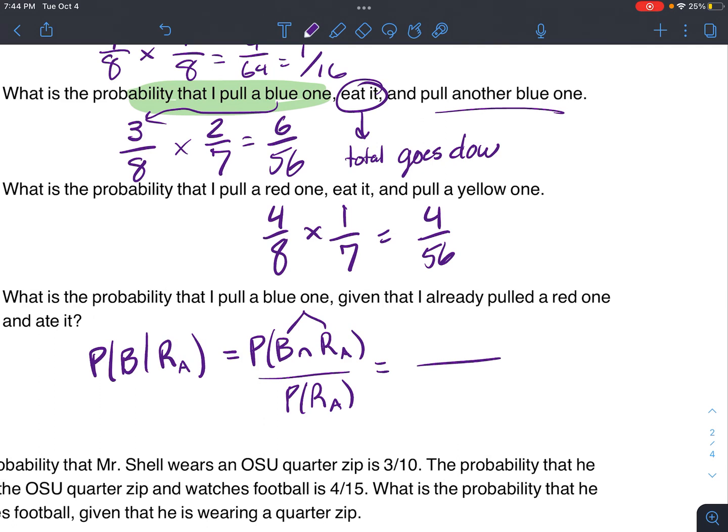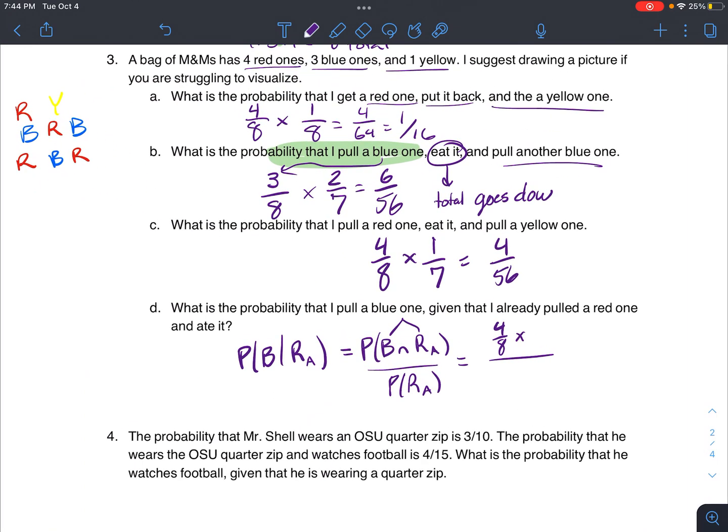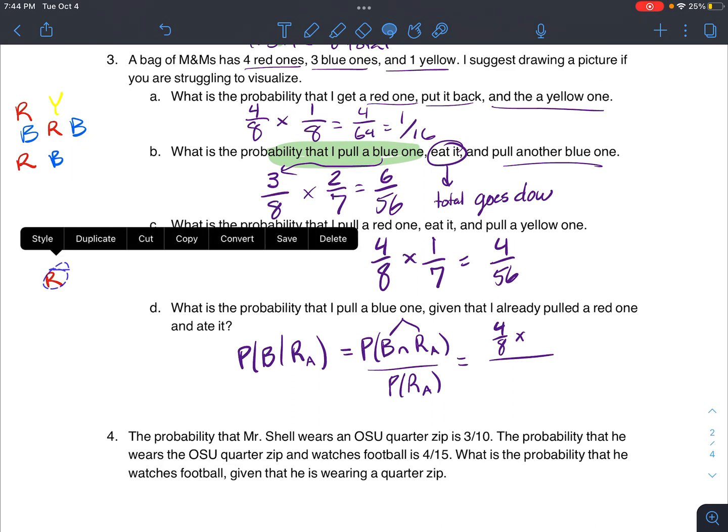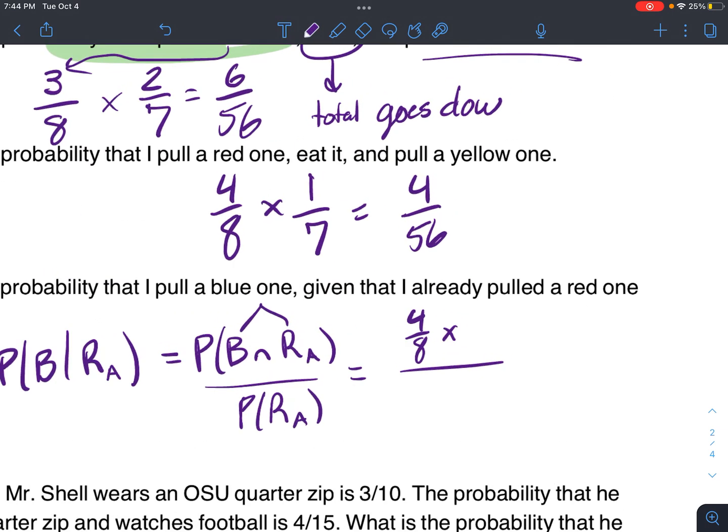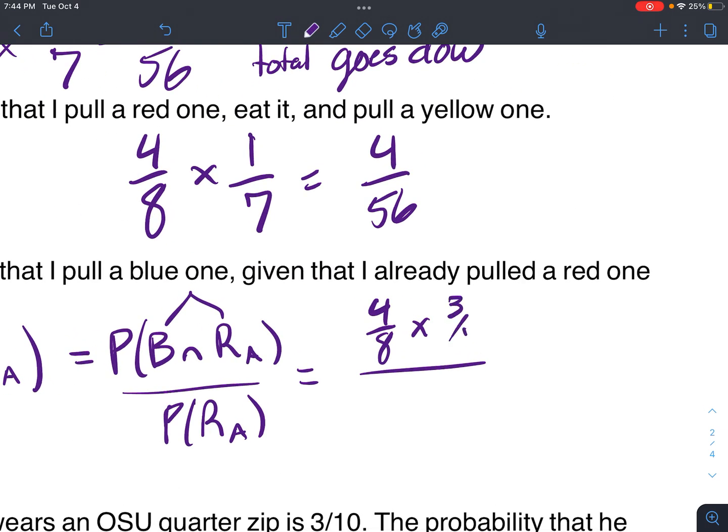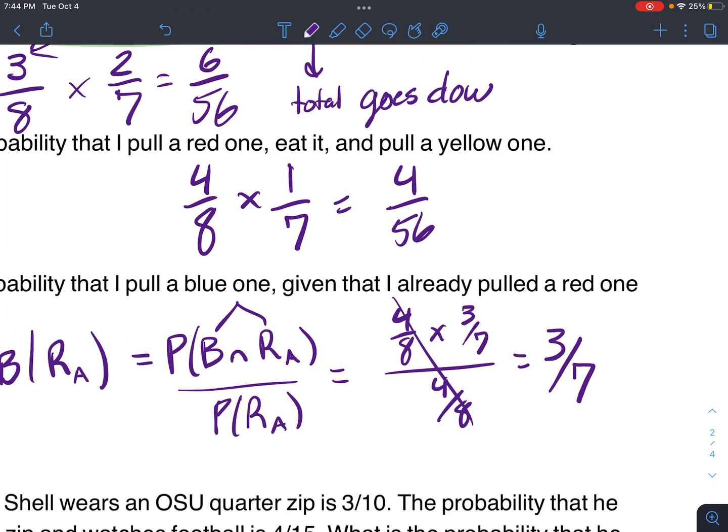Think about it like that. The probability to pull a red one is 4 out of 8. If I eat it, our total goes down. So I take this, throw it out of there, and now I'm going to have 3 over 7. And the probability of eating a red one is 4 over 8 again. These two cancel out, so it's just 3 out of 7.